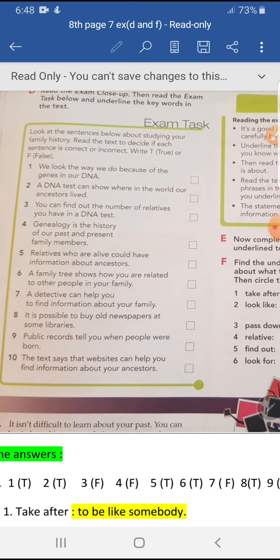Sentence 3. You can find out the number of relatives you have in DNA. Okay, this is false. Why? Because the DNA contains genes that make each person different. 4.